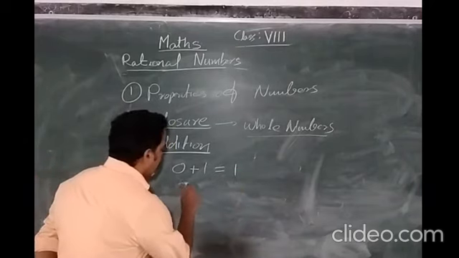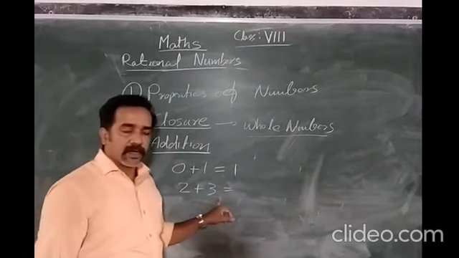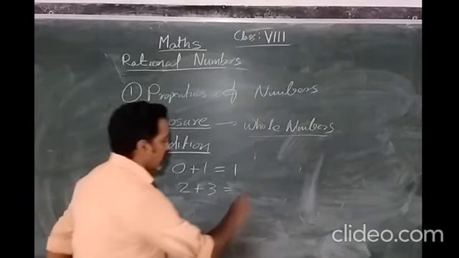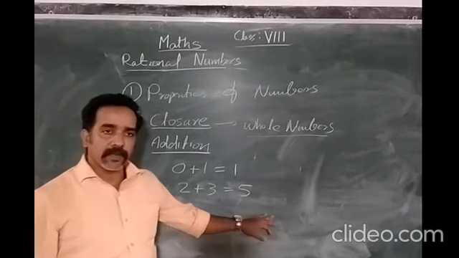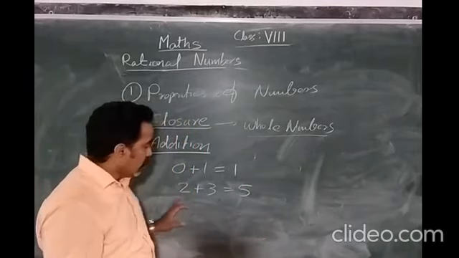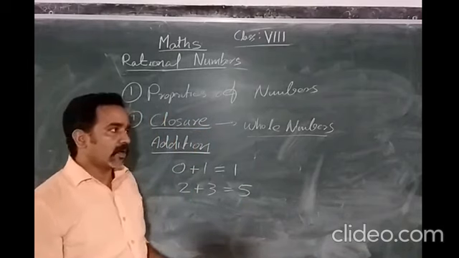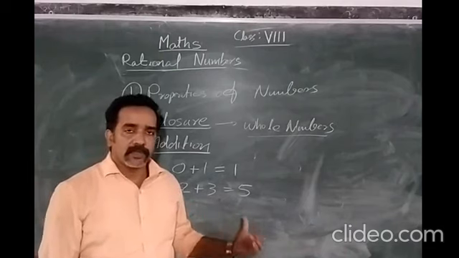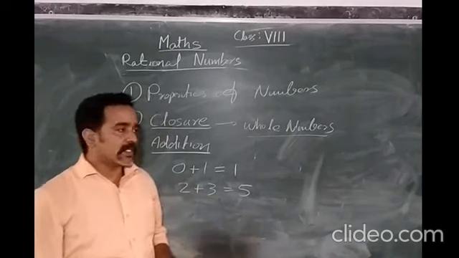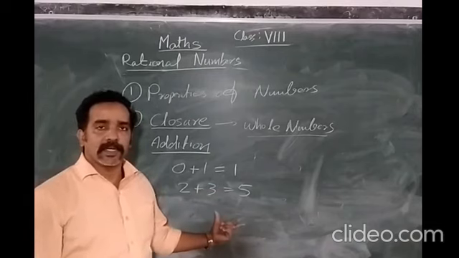And if you add 2 plus 3, both are whole numbers, and the result is 5. 5 is also a whole number. So if you take any two whole numbers, any big or small, the smallest being 0, when you add them, the sum will be a whole number itself.